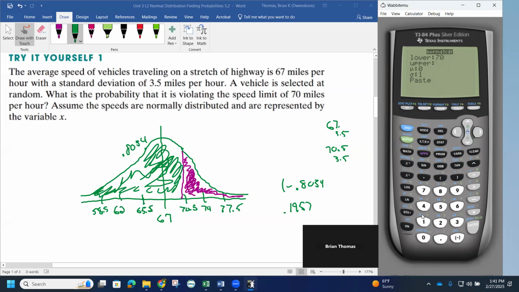There's not going to be an upper bound, so that's going to be 10,000. Our mean was 67, and our standard deviation was 3.5. Our calculator also has the ability to do the normal distribution, and it kicks out the 0.1957. So it would give us the same answer. So we can use Excel, or you can use the graphing calculator.